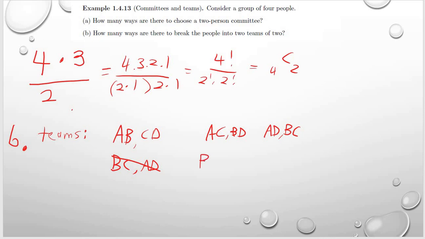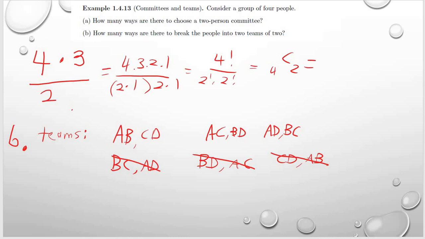Now I could also try putting B and D on a team, but that will leave A and C on a team. And then I see I've already got this possibility. Also, I could try putting C and D on a team, which leaves A and B on a team. But that's the very same thing as this one here. And so we wind up having to do an extra division.